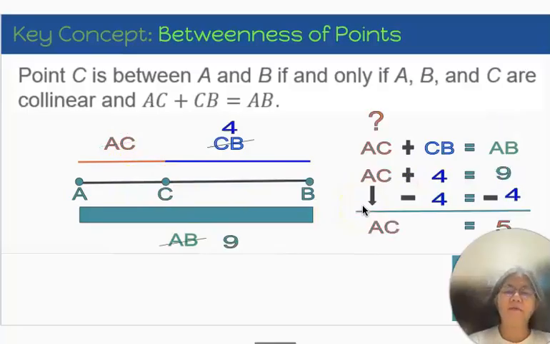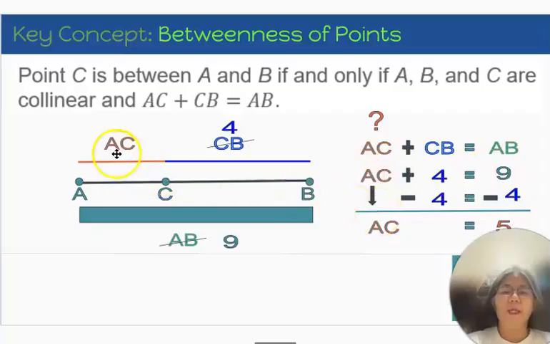But what if you are given only one part, a portion of the line segment, and then the length of the whole segment? You can still use the concept of betweenness of points. The sum of the parts is equal to the whole.